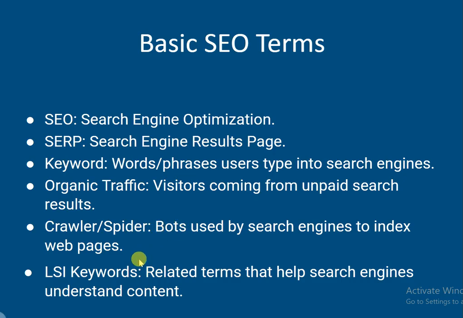And lastly, LSI keywords. These are related terms that help search engines understand content, related to latent semantic indexing. We will see this term in our next session, in the keyword research section.